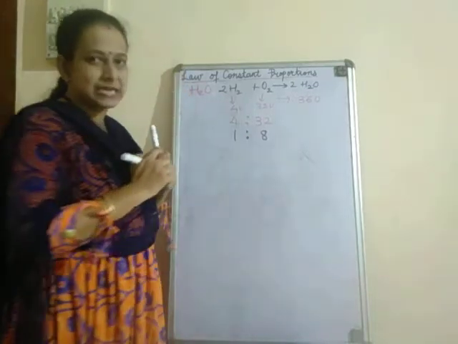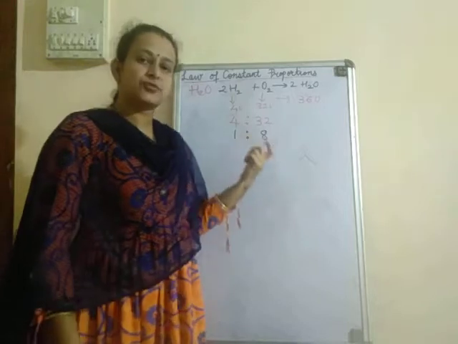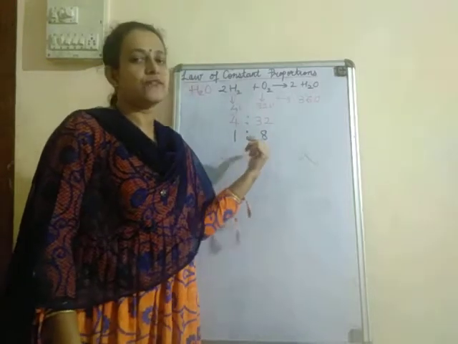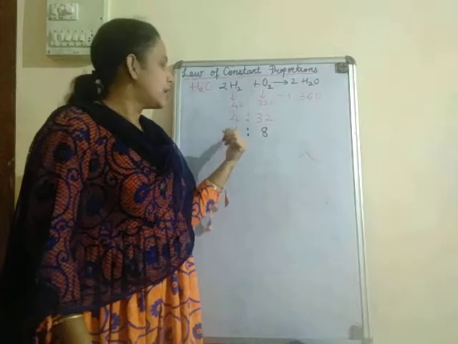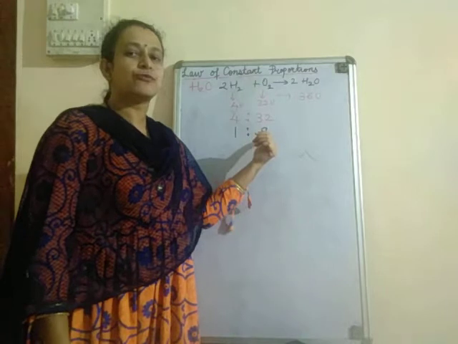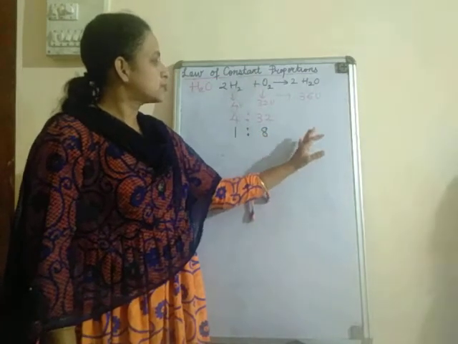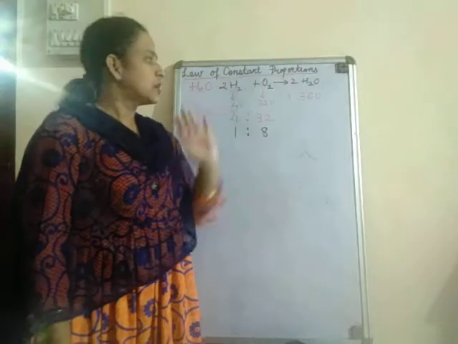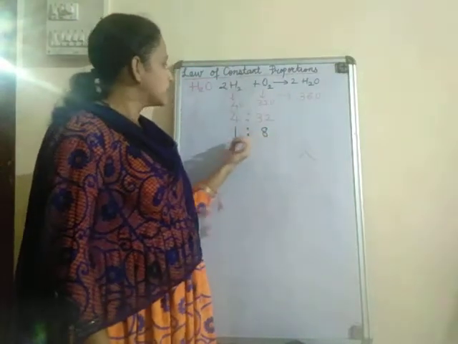So we are getting the proportion of 1:8. And always remember students, this is the constant proportion for water. That is, 1 unit of hydrogen combines always with 8 units of oxygen to form 9 units of water. So this is also called the constant proportion.